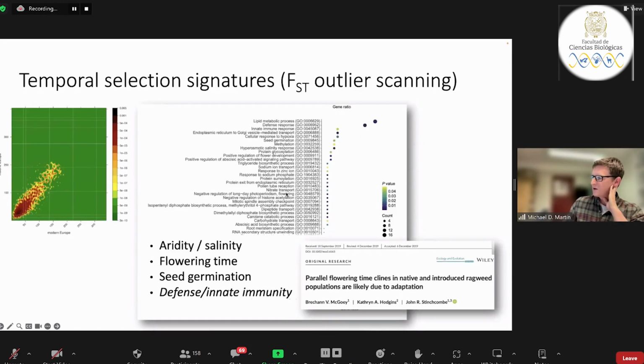And what we found is that many of the changes that have happened over the last 100 years in Europe, from the early introduction time to today, have been in genes that are related to salt tolerance and tolerance to dry conditions. Also genes related to flowering time, which excited us because this is related to these clines that we already know exist and which were already associated with rapid adaptation in Europe to the new climate, as well as the germination of seeds, so reproduction.